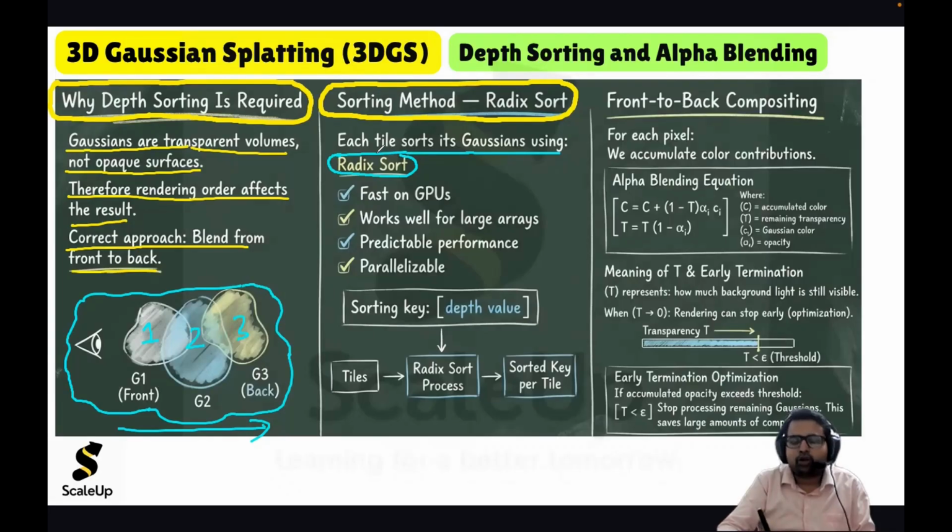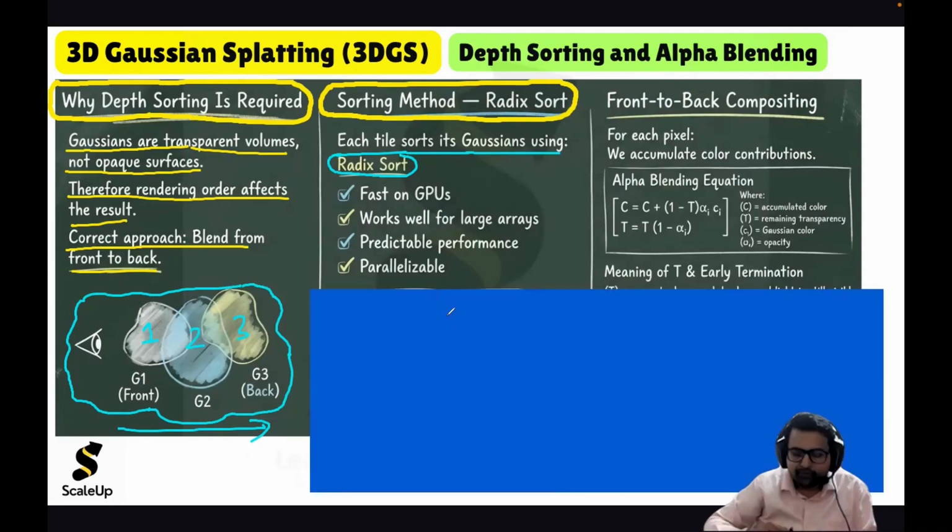Now let's see how the sorting is done using the Radix sort. In Radix sort, whatever numbers we have, first we sort the unit place, then the tens place, then the hundreds place. I'll give you an example. For simplicity, I'll just take 2 digits. Let us suppose I have to sort in ascending order.